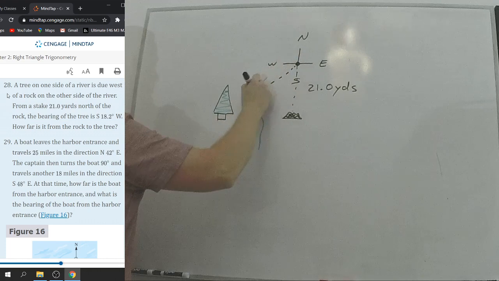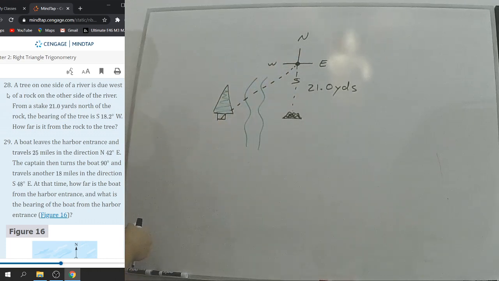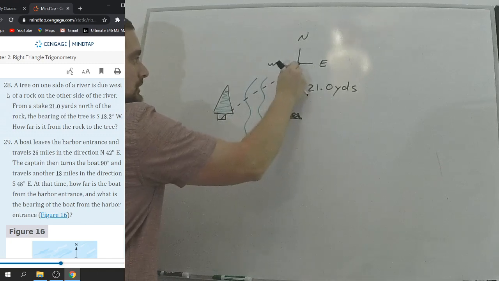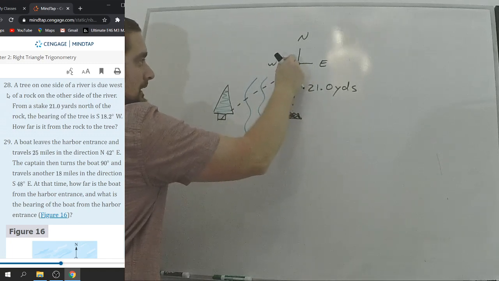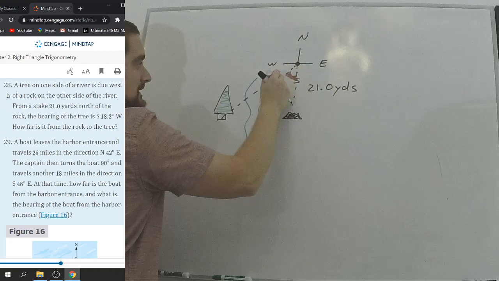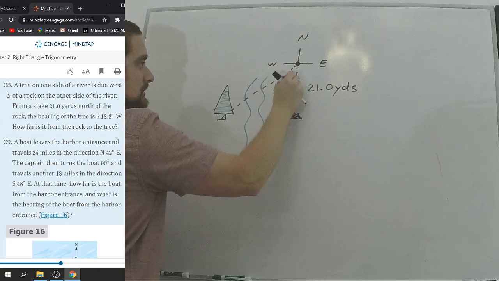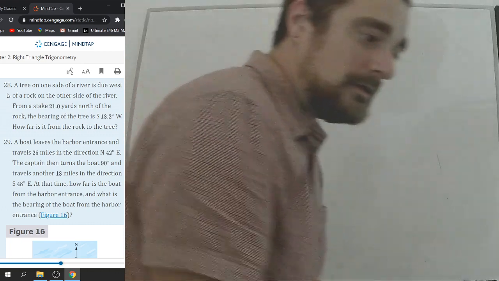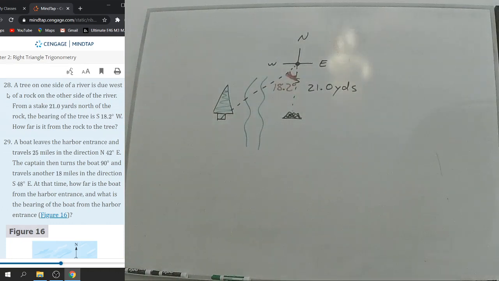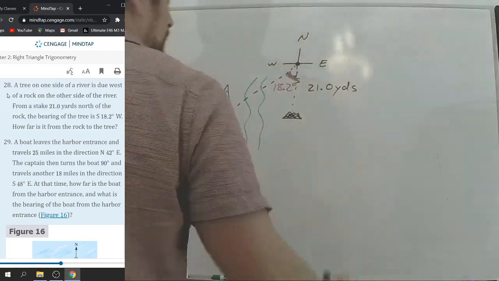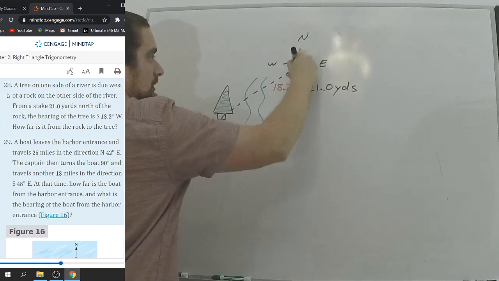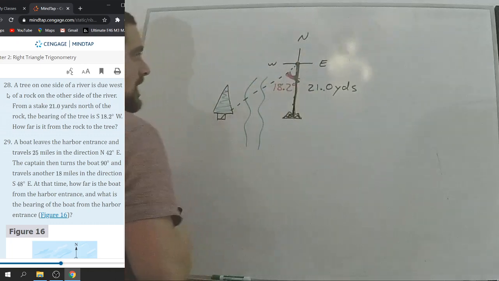So I'm going to draw an angle here, and maybe I'll use red to represent that angle that is going south 18.2 degrees west. So again, we always measure bearing from the north-south line. They're starting off with south and then going towards the west 18.2 degrees. We also have 21.0 yards. That is the measure of the side going from the rock to the stake.